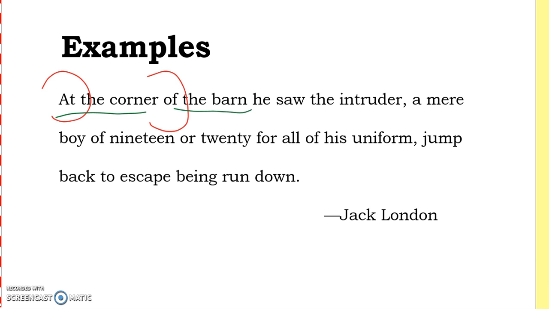The prepositional phrase of the barn relates information to the noun corner, which is the object of the preposition in the first prepositional phrase, at the corner. The prepositional phrase, at the corner, tells us something about the verb saw. Where did he see the intruder? At the corner of the barn.